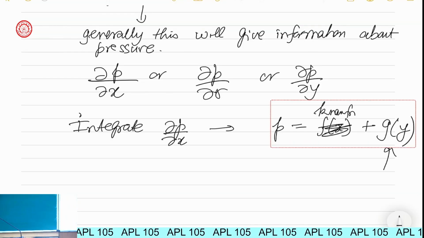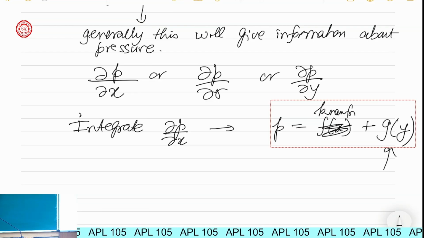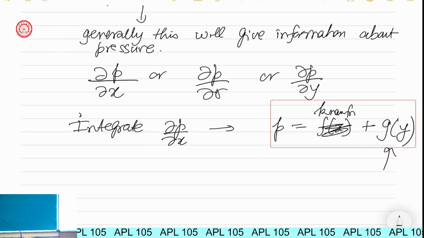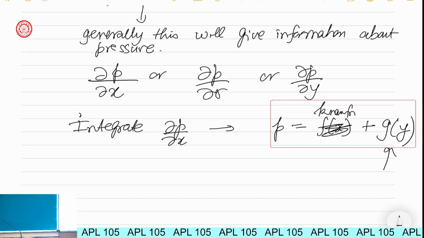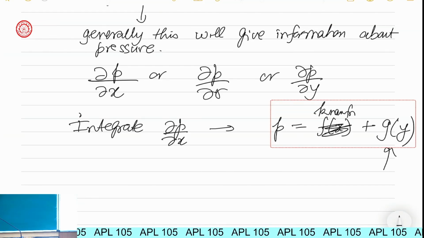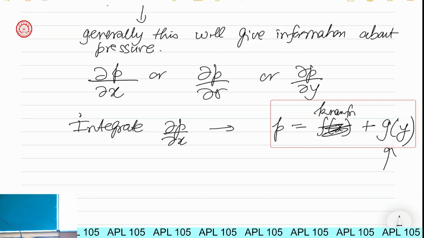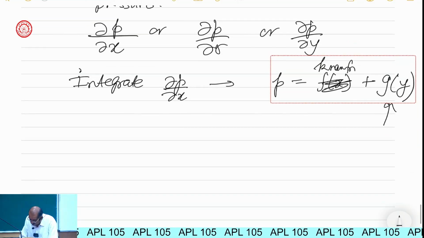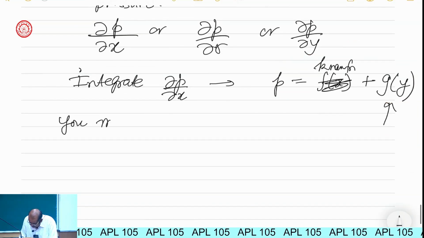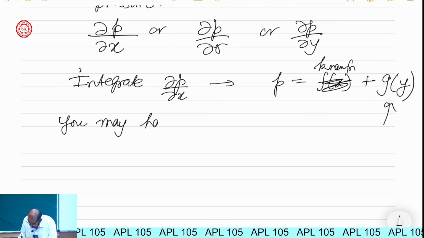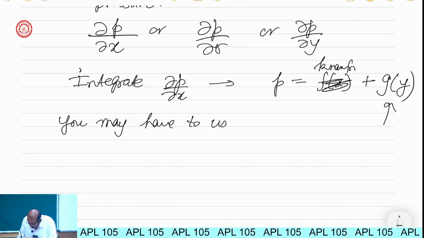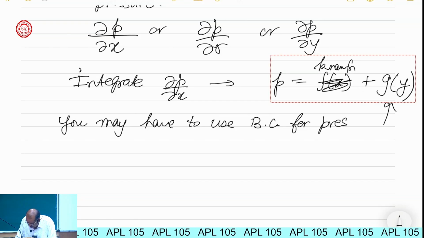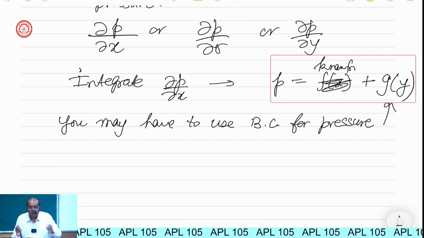It will not be a constant. These are partial equations. And once again, either boundary condition on pressure will give you the full solution for pressure, or you will get some information. So, and then you may have to use boundary condition for pressure here.